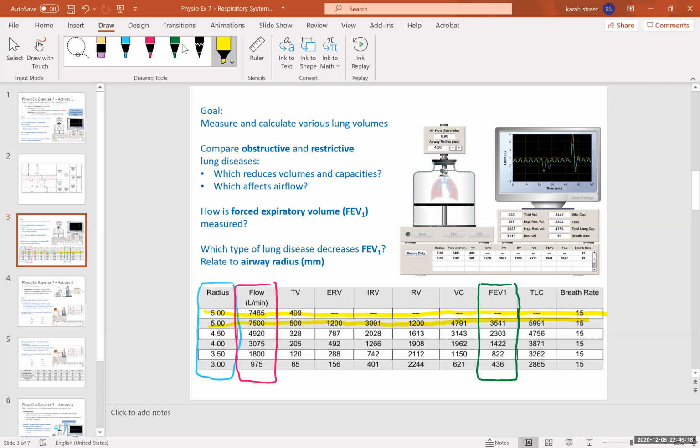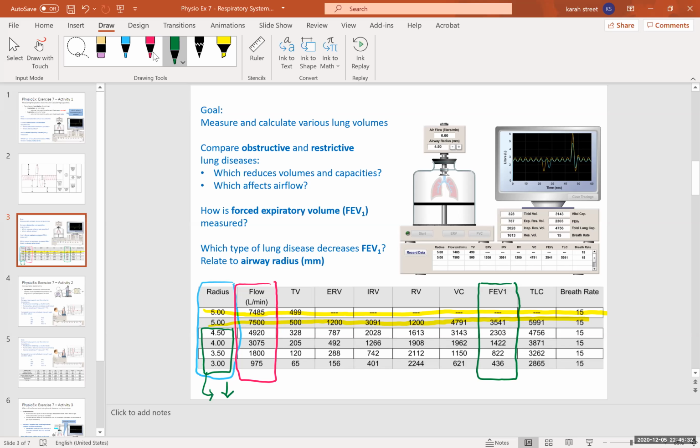Now let's look at the subsequent rows. Notice here, we decrease the radius of air passageways, so they are going down. Notice that airflow is also going down. And also realize that the FEV1 is also going down.